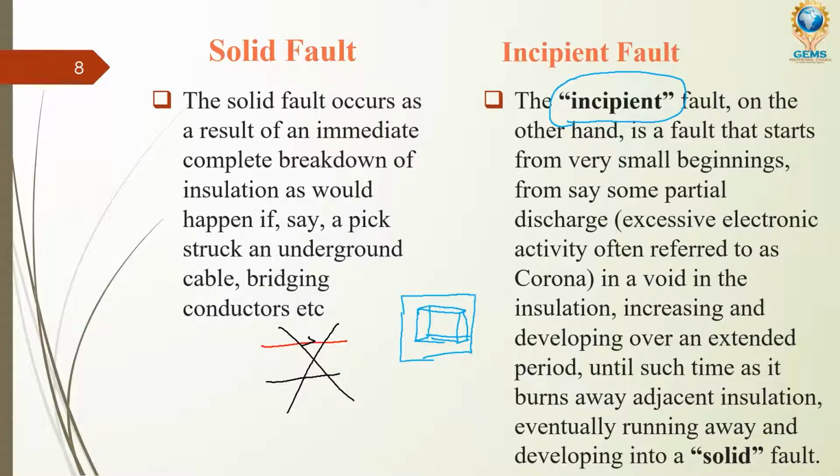On this we keep windings. It is filled with oil. Suppose there is some fault in the transformer, it is going to create some fault. This we say incipient fault.